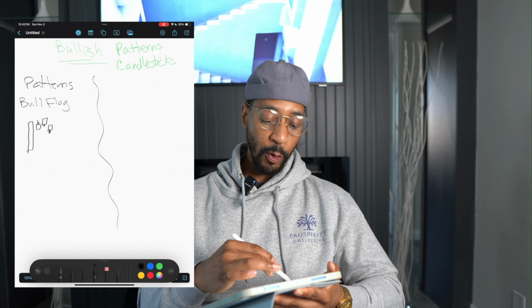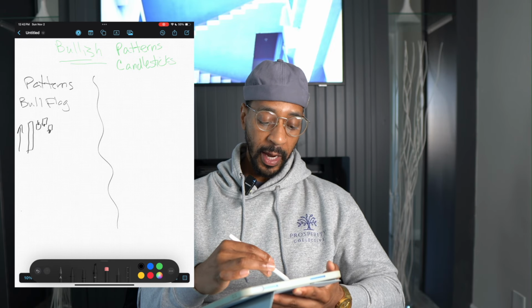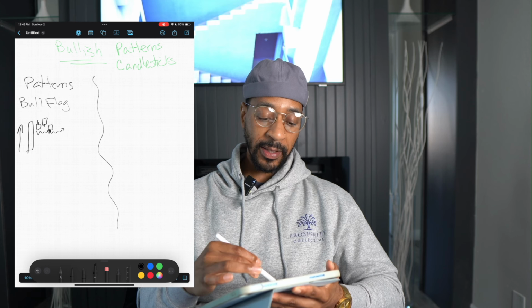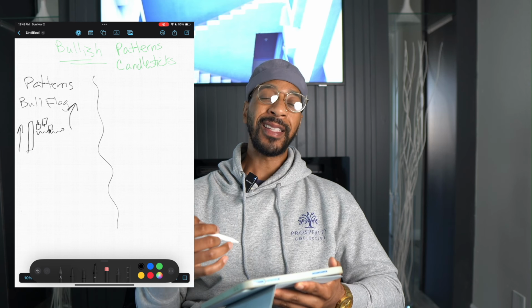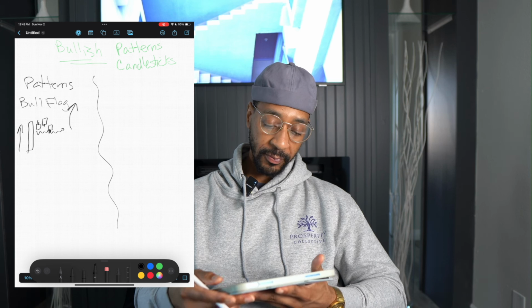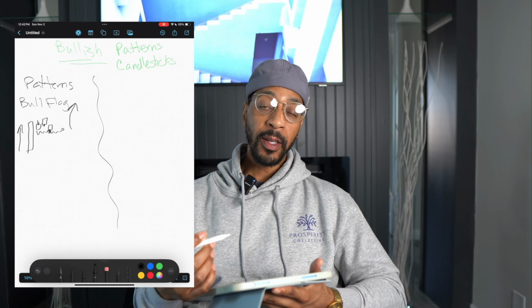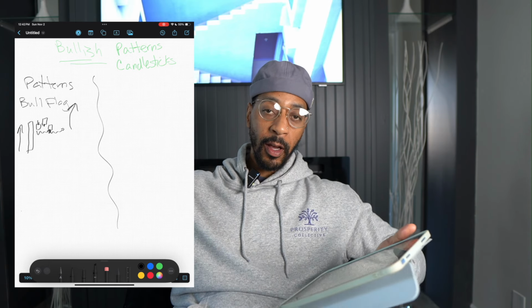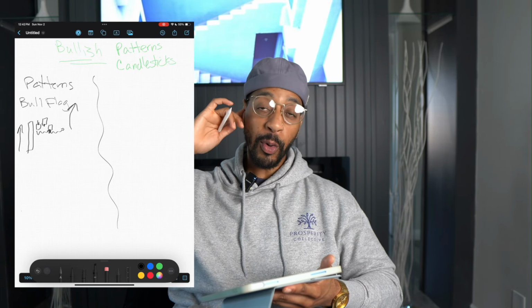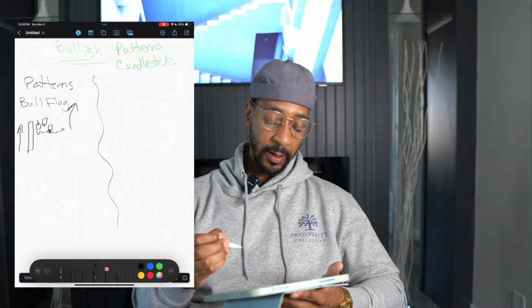And so it's a move to the upside, and then it consolidates like this, okay? That means it's getting ready to go higher. That is a bull flag, okay? That's a pattern. It is a culmination of candlesticks forming into a pattern. That's a bull flag, okay?